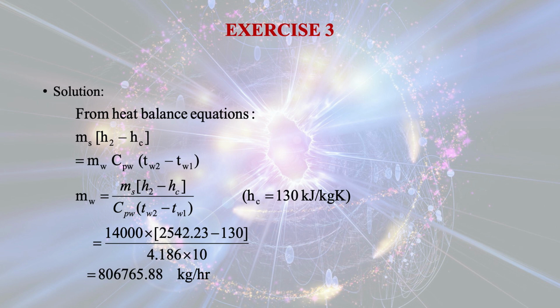If you put in all the values, there is no problem calculating Mw. So Mw is equal to Ms multiplied by (H2 minus Hc) divided by Cpw multiplied by (Tw2 minus Tw1). If you put all the values on the right hand side, you will get Mw equal to 806765.88 kg per hour.